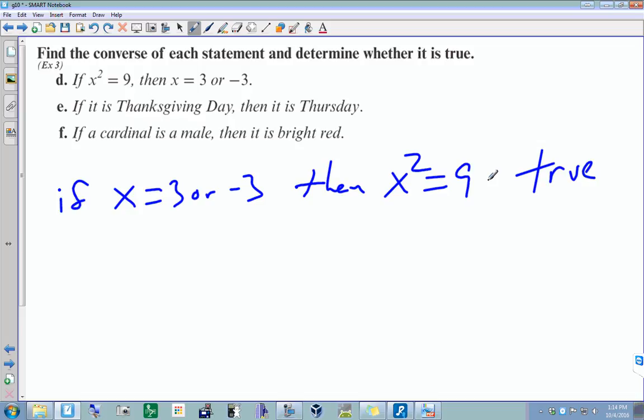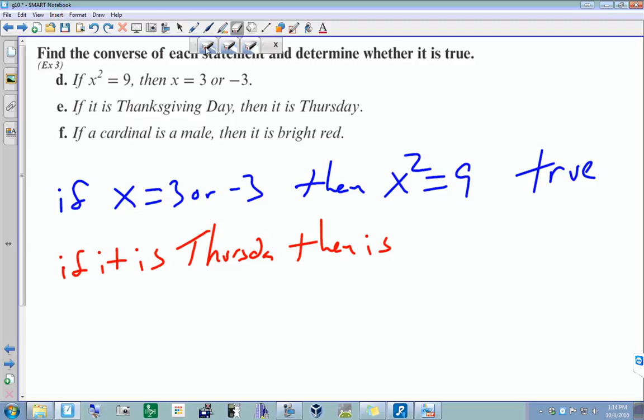So, let's see. Hey. So, what is the converse for E? Is this true?